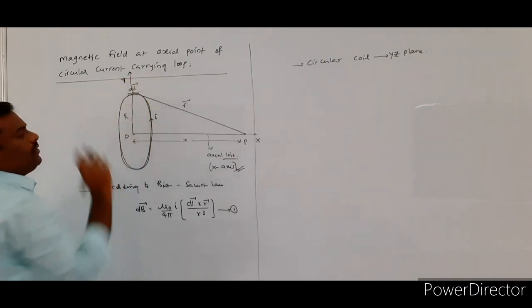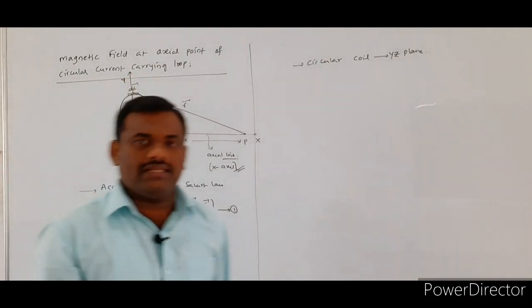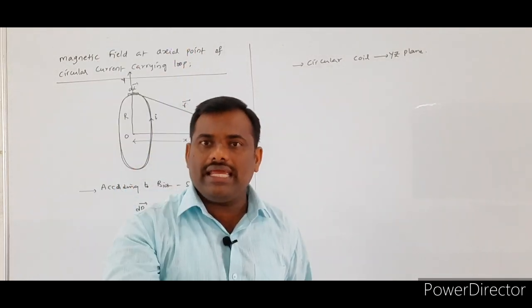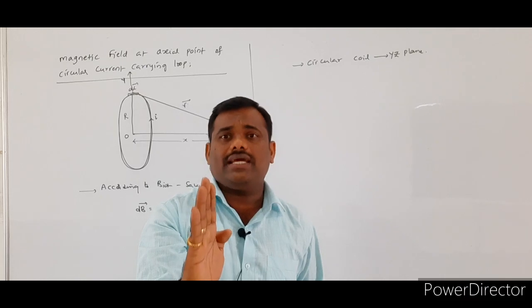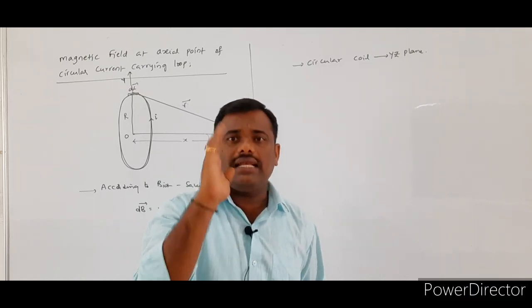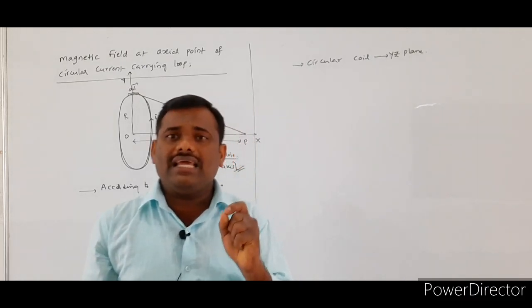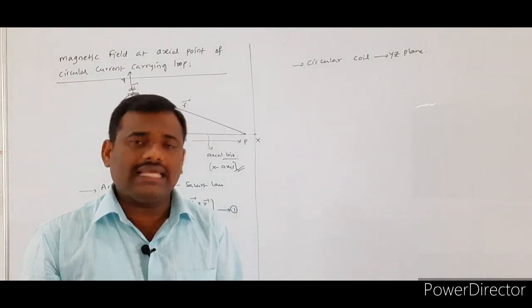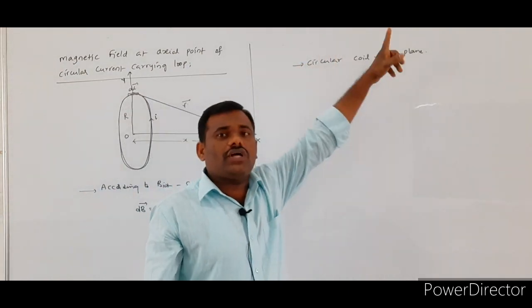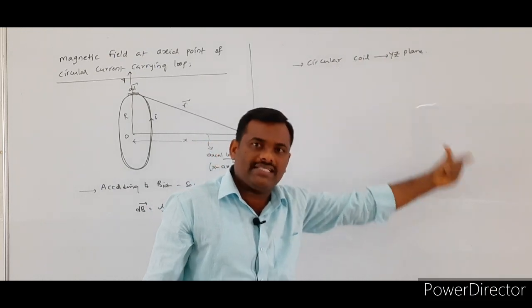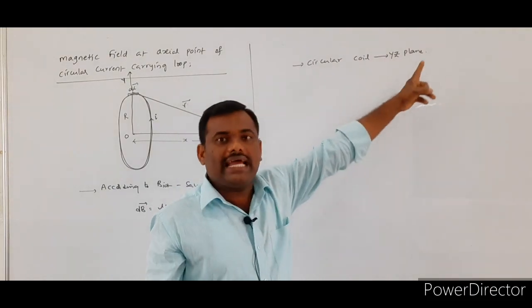So if you imagine a circular ring, a circular current carrying coil will be placed vertically, its plane is nothing but the YZ plane. The plane in which the coil is placed, we assume as the YZ plane.